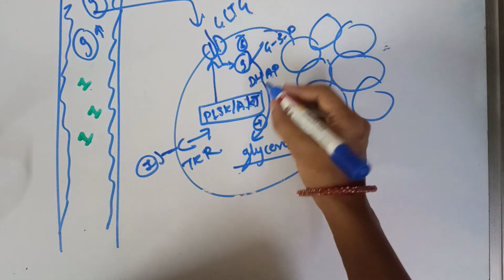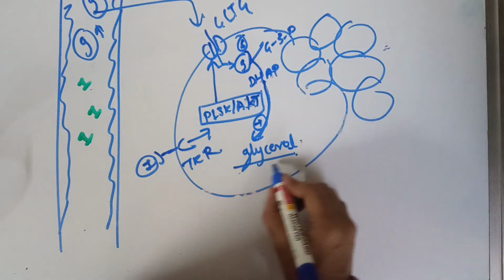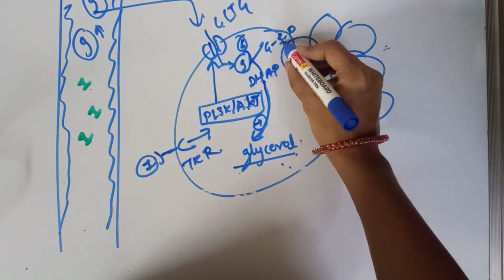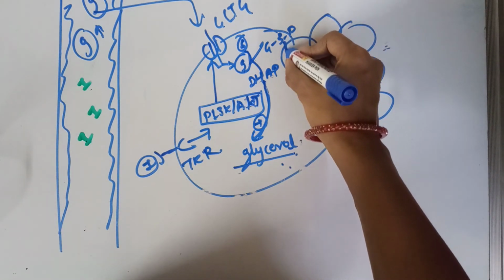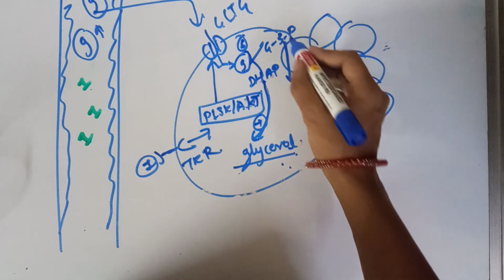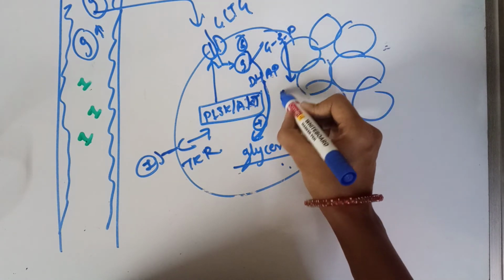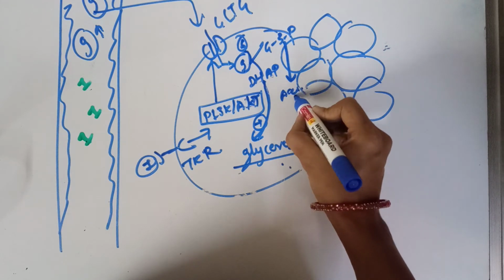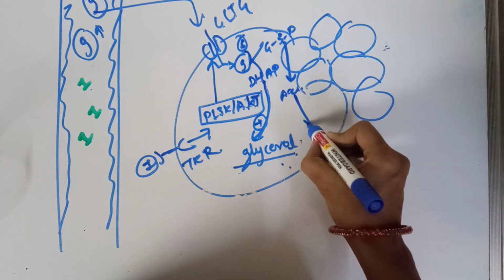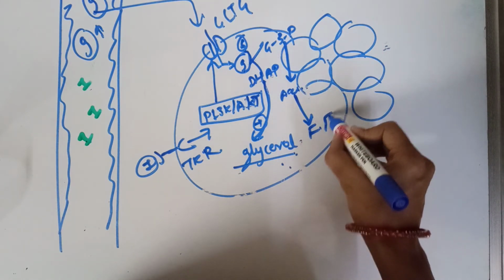This dihydroxyacetone phosphate is converted into glycerol, and this glyceraldehyde 3 phosphate is converted to acetyl CoA, and this acetyl CoA is converted to fatty acids.